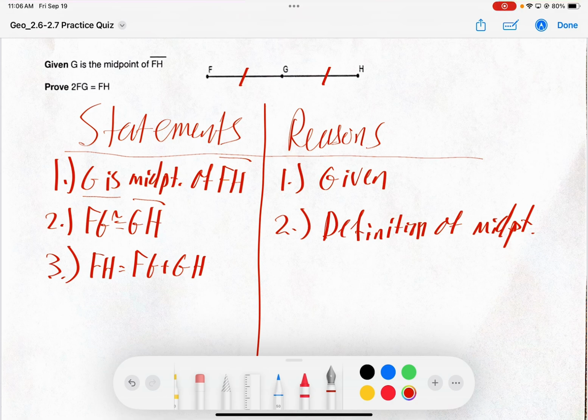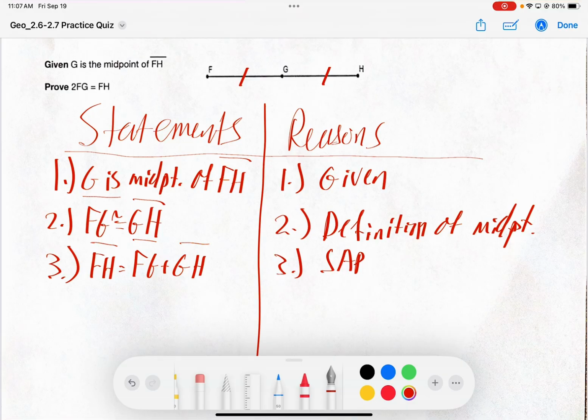We know to do that because we want to work with the bigger segment, okay? So let's break it up. And she said that was segment addition postulate. All right, so now we're almost there. I have FH equals FG plus GH, but I want FH equals 2FG.